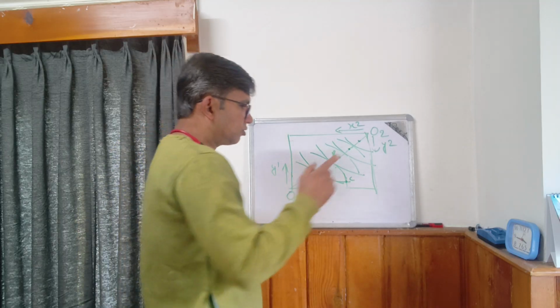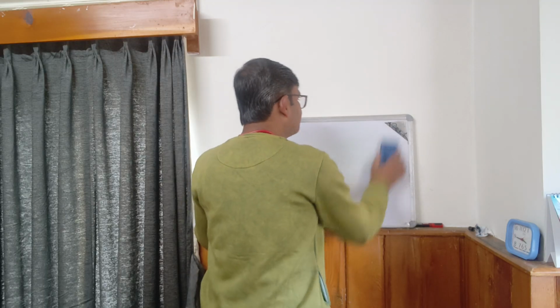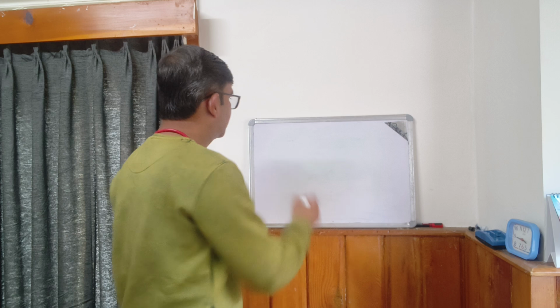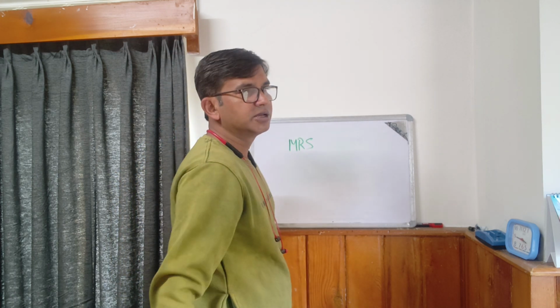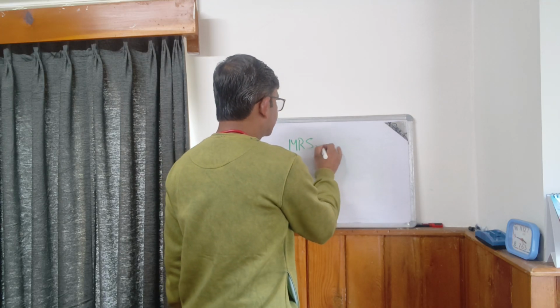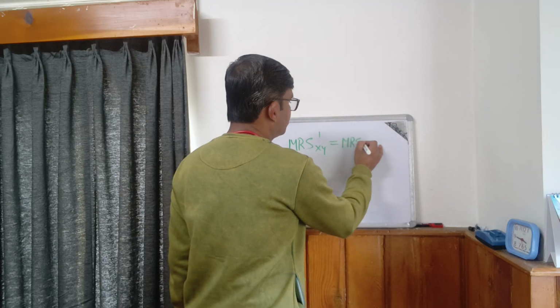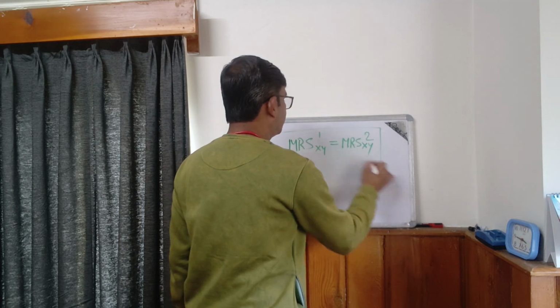Now, the ultimate condition that comes from here is called Pareto optimality in consumption, that indicates the marginal rate of substitution between X and Y for individual 1 will always be equal to the marginal rate of substitution between X and Y for individual 2.